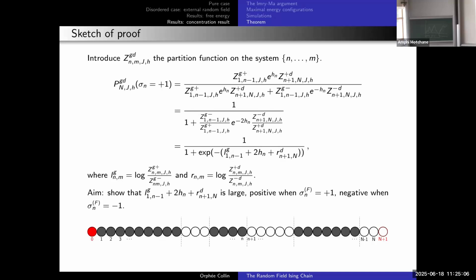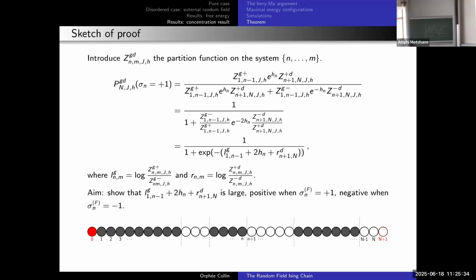because you gain hn, but then you have two independent systems. You can divide into two systems. The system between 1 and n-1 with boundary conditions, your initial boundary condition at 0 and the condition plus at n, and the system between n+1 and n with your initial boundary condition here and with the boundary condition plus here.